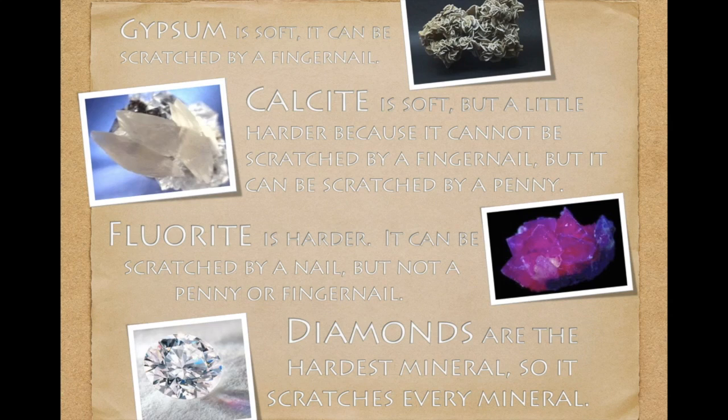Then we move to fluorite. The fingernail cannot scratch fluorite, the penny cannot scratch fluorite, but a metal nail can scratch fluorite. And then the last one, diamonds. Diamonds are the hardest. So diamonds will scratch all of those and cannot be scratched by the fingernail, the penny, or the metal nail.